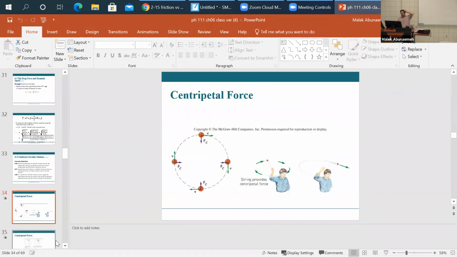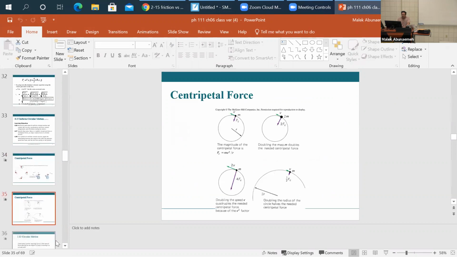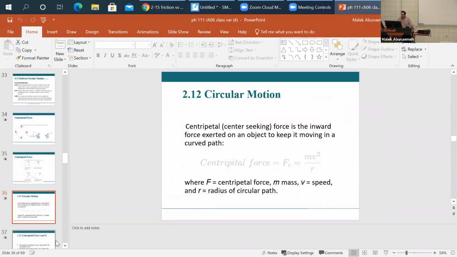Now, let's go ahead and talk about centripetal force. We talked about that in chapter 2 a little bit, but we're going to be talking about it again. So centripetal force is an inward force that acts on an object to keep it moving in a circle, in a curved path.